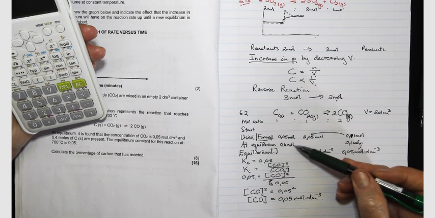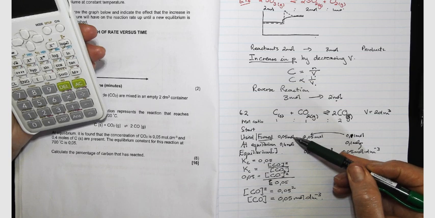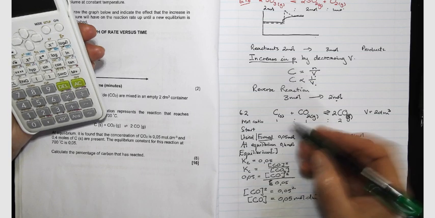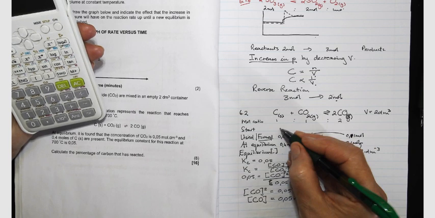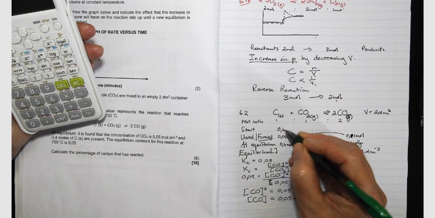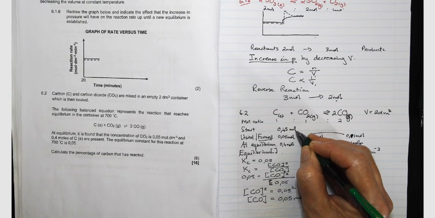So if this is the mole at equilibrium, that's the mole that was used. What is the original amount of carbon that we started off with? 0.45 moles. It would be the mole of carbon that was started off with in this reaction.